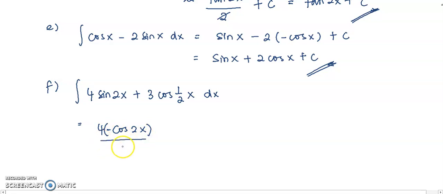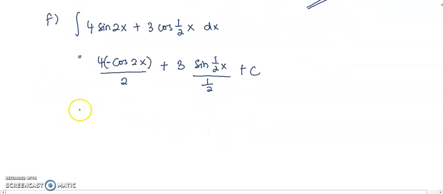And don't forget to divide by 2, which is your coefficient of the x. Plus 3 is just a coefficient, copy down again. Then integrate cos, you get positive sine. And divide by the a, which is 1 over 2, which is your coefficient of the x, plus constant c.